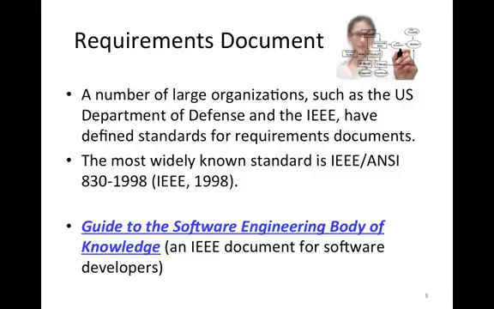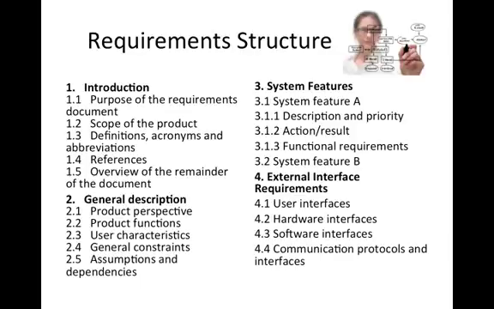It is still the format that IEEE and ANSI recommends in their Guide to Software Engineering, which is a totally interesting document. So I would, if you're interested, encourage you to take a look at this. It's really interesting to look at. So here is the requirement structure from that IEEE ANSI document.